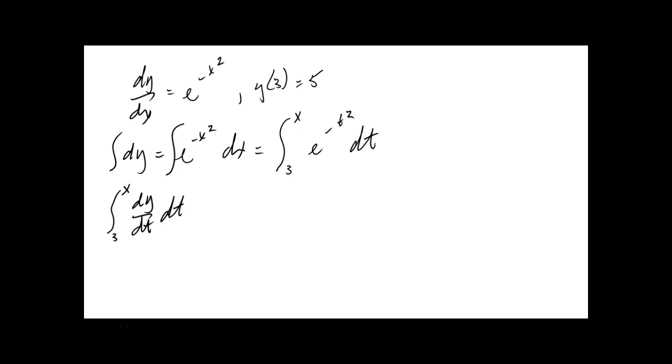And again, there's no dy/dt anywhere in the problem here, but yeah, it's just a dummy variable. That's e to the minus t squared. But that's all on the right-hand side. Over here, the antiderivative of this is just y, but it's y evaluated at x minus y evaluated at 3. Right?